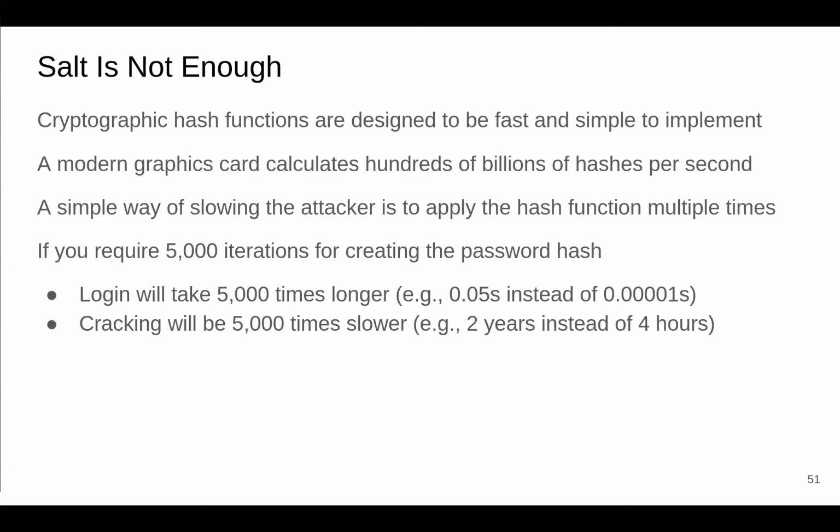A simple way of slowing down the attacker is just doing the hash function multiple times. 5,000 iterations will slow down the login from nothing to nothing, but it will slow down cracking from 4 hours to 2 years, right? Because you've got this cumulative factor in there for all the different passwords. Like, this makes this much more effective.